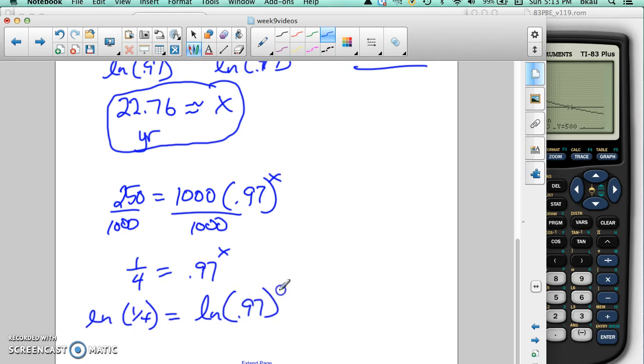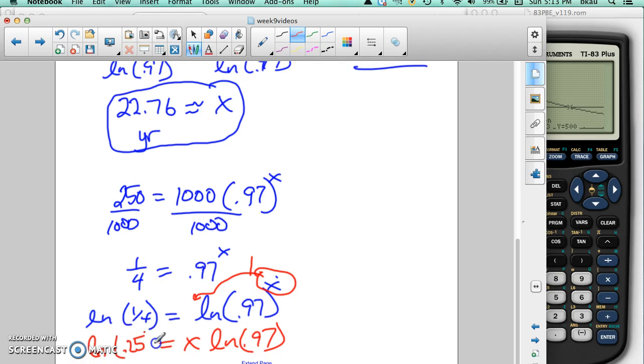Took the natural logarithm, bring this exponent down in front. We get x ln of 0.97 equals ln of 1/4, which is 0.25 if we do a decimal there too.